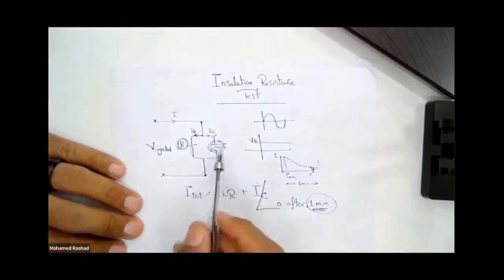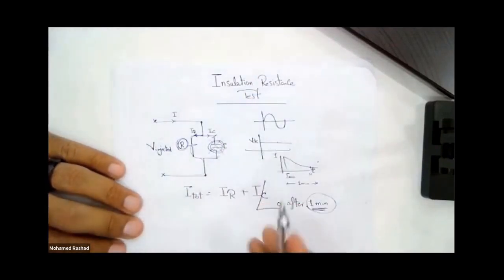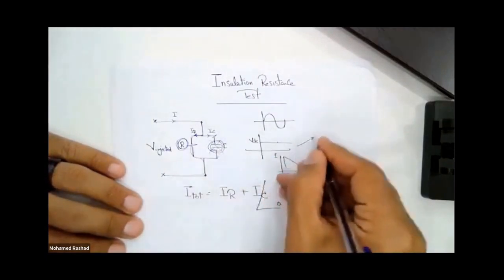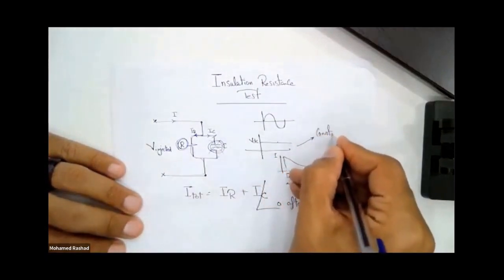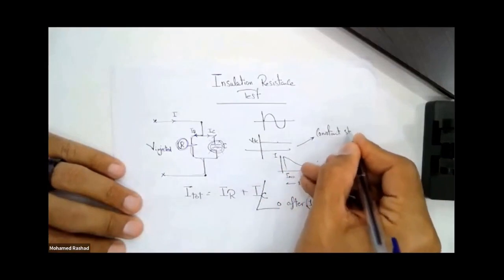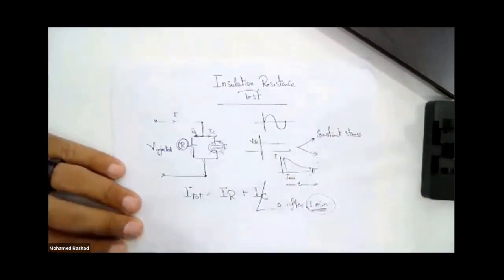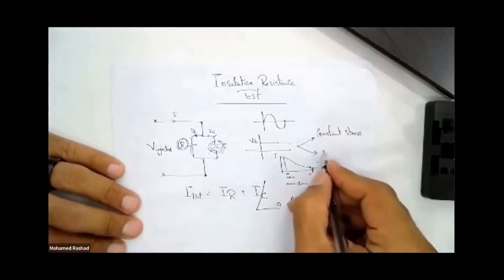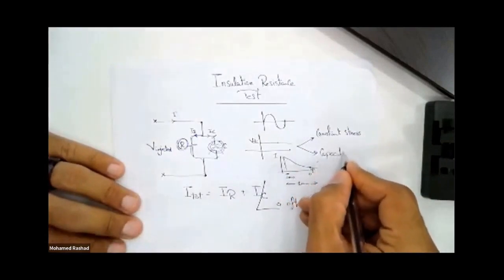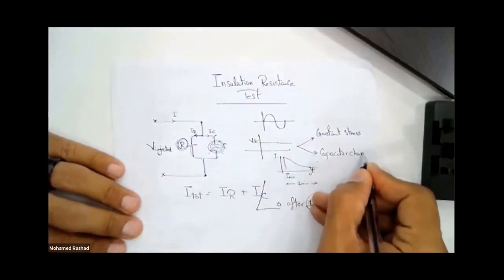Okay, so I have used DC for two reasons: to put my insulation under constant stress, and this is something we have understood completely. The second reason is so that the capacitor of the insulating material gets charged.